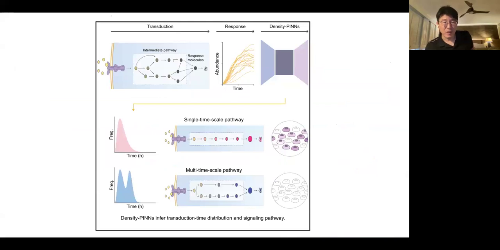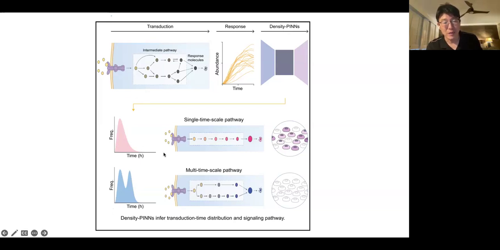So in summary, from the fine response times of molecules, by using the density pin, now we can infer the time delay distribution underlying the signaling pathway.